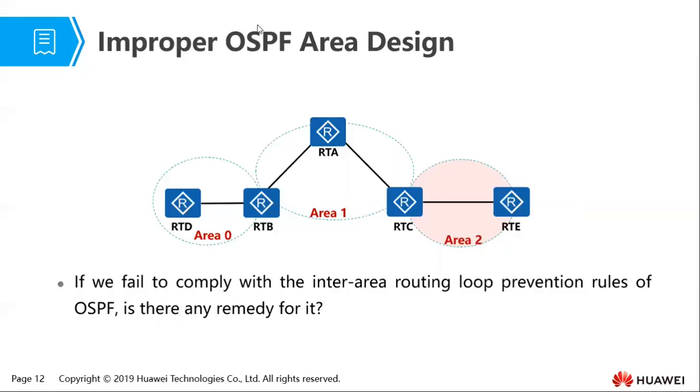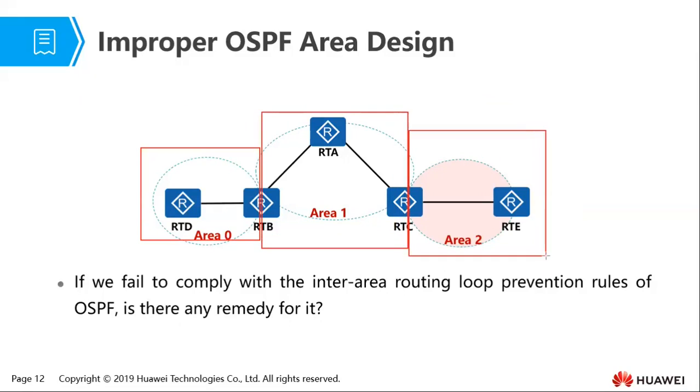Sometimes you have your area 0 here, area 1 here, and area 2 here. Do you see the problem? The ABR for area 2 is not directly connected to area 0.